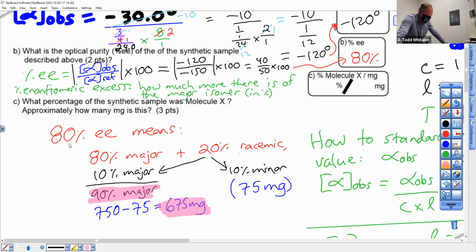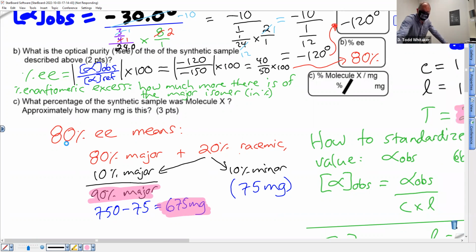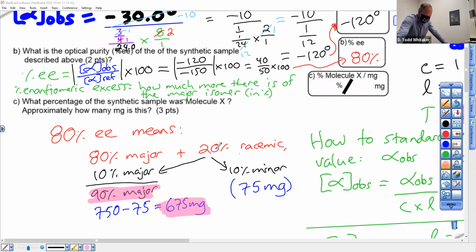So you take the percent EE from the previous part, and then 100 minus that. Little reminder here: some students, every semester, ask me after the fact, where did the 20 come from? Can you answer that, student, for me, please? Where did the 20 come from? It's not a random number.